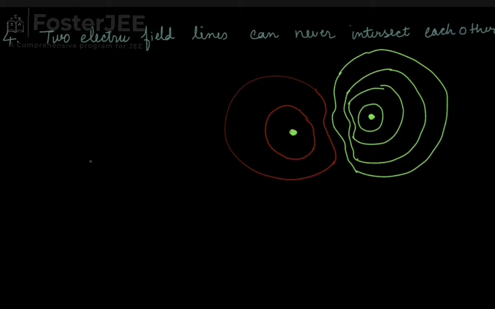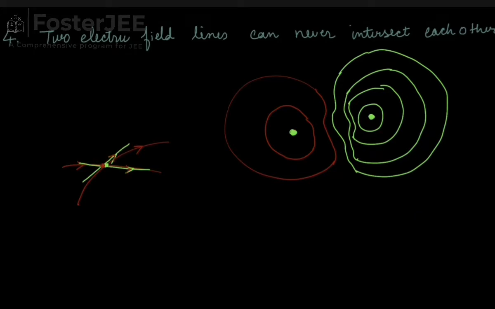Now, what if they intersect each other at any point? So, as we have discussed earlier, the tangent at any point gives the direction of electric field. But at this point, since it's intersecting, there will be two tangents possible. So, can we say the electric field at this point has two directions?